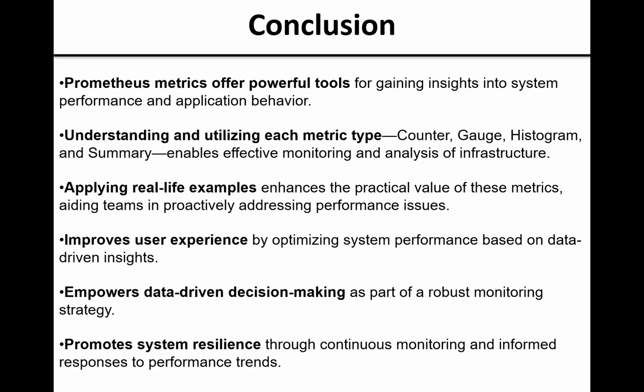It improves user experience by optimizing system performance based on data driven insights, and empowers data driven decision making as part of a robust monitoring strategy. It promotes system resilience through continuous monitoring and informed responses to performance trends. So this is about Prometheus metrics types with real life examples.